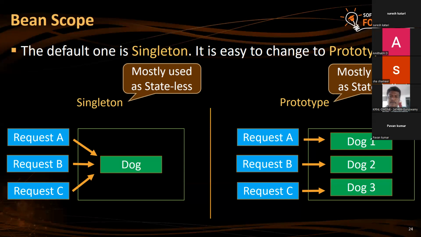But in the case of stateful, for each request there will be a separate object, and it maintains the state of the particular object between multiple requests. Okay, so this is the scope for any bean class. By default it is stateless, and it can be made stateful.